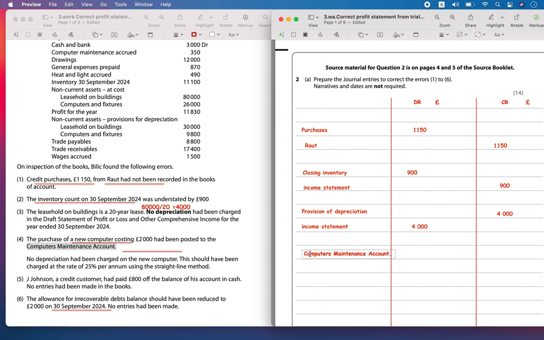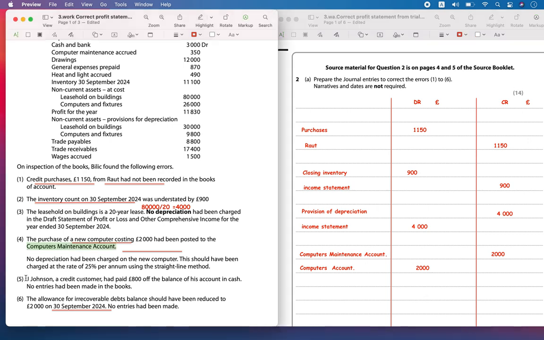For the removal, you put it on the credit side, 2,000. Then this has to be updated in the computers account, an asset account, so here you will have it on the asset side.